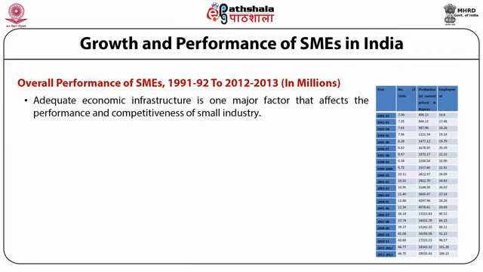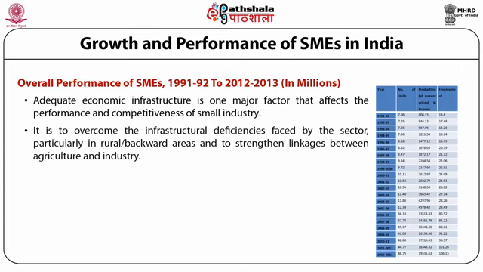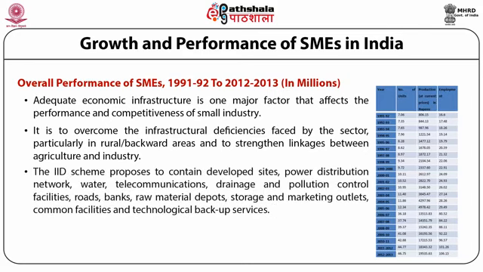Adequate economic infrastructure is one major factor that affects the performance and competitiveness of small industry. It is to overcome the infrastructure deficiencies faced by the sector, particularly in the rural backward areas, and to strengthen the linkages between agriculture and industry, that the government introduced the Integrated Infrastructure Development, that is IID scheme in 46 centers in 1994.